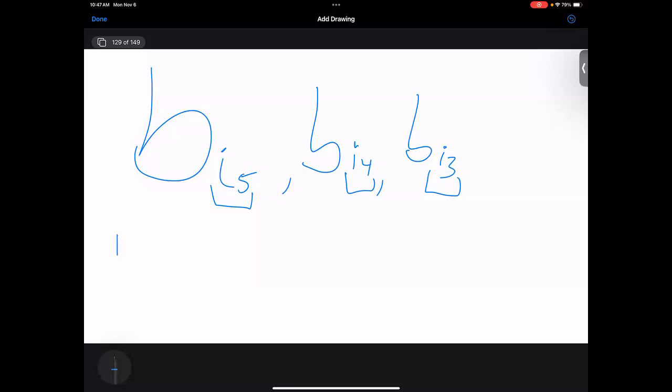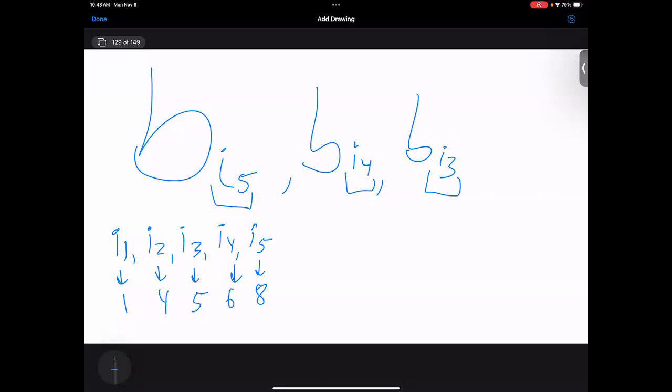We have I1, I2, I3, I4, I5. These are my 5 indices in play for something with 5 summands. And then it turns out that I1 is 1, I2 is 4, I3 is 5, I4 is 6, I5 is 8 for this specific example.